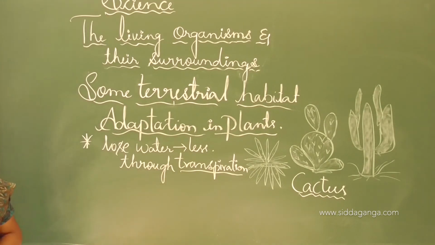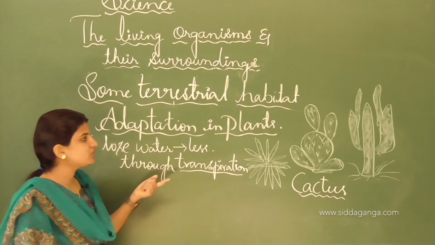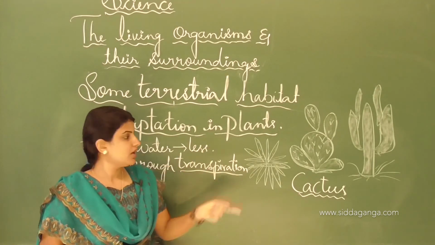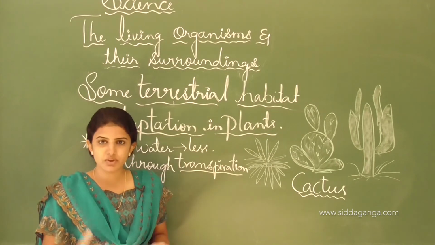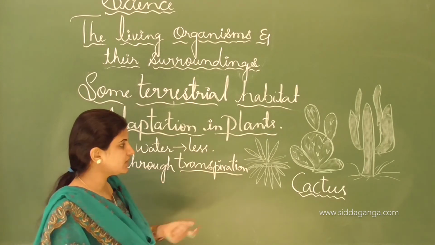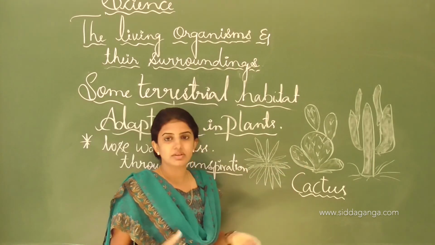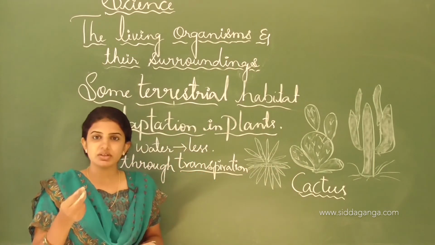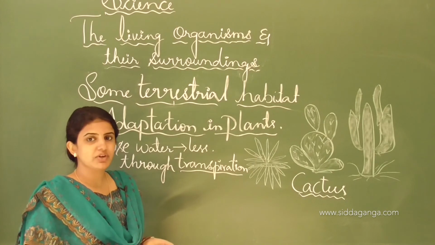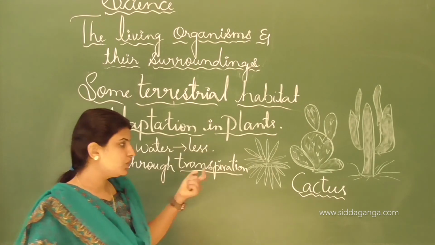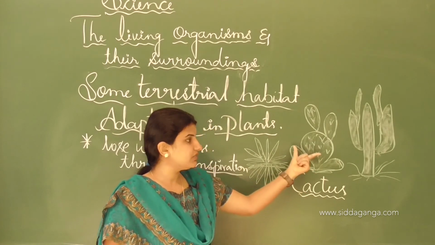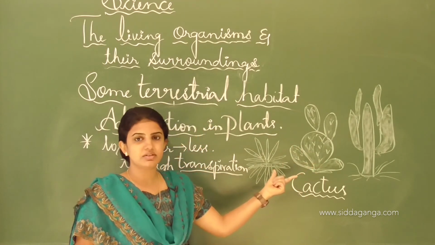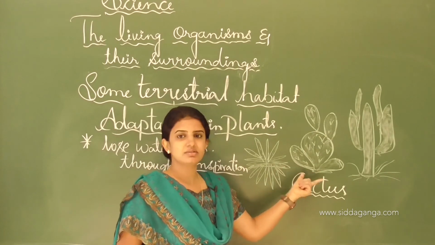And next one is that the leaves are absent. See, those plants present in the desert region do not have leaves. If leaves are present, they are modified into spines. In Kannada we call it mullu, the spine. See, in a cactus we can see the leafy-like structure. It is not a leaf, it is nothing but the stem.